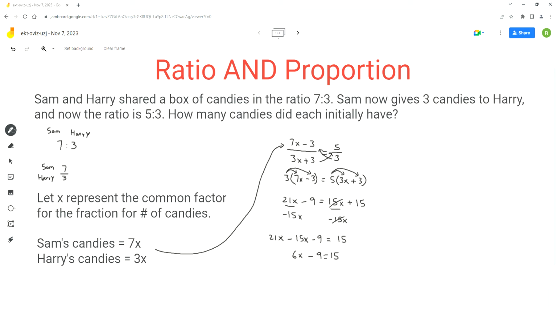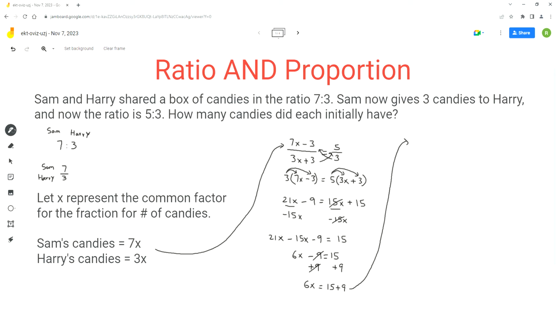Negative 9 and 15 are like terms, but they are on opposite sides of this equation. So we have to gather them before we combine them. So we should add 9 to both sides, because by adding 9 to both sides, the 9s on the left side cancel each other out. So we get 6x equals 15 plus 9.